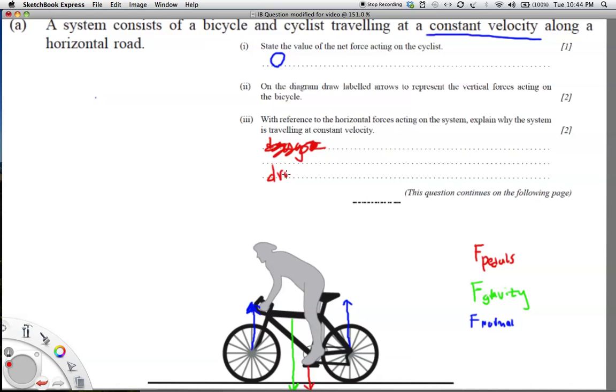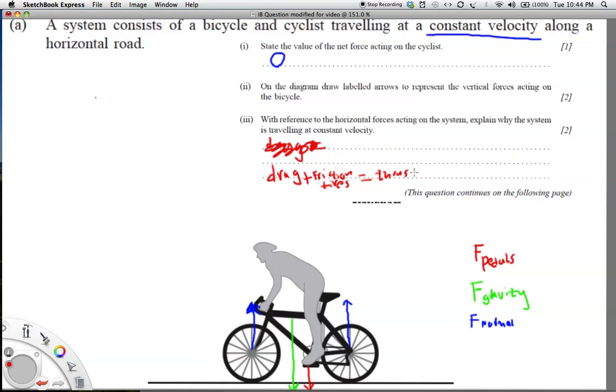Drag plus friction, friction on the tires, equals thrust.